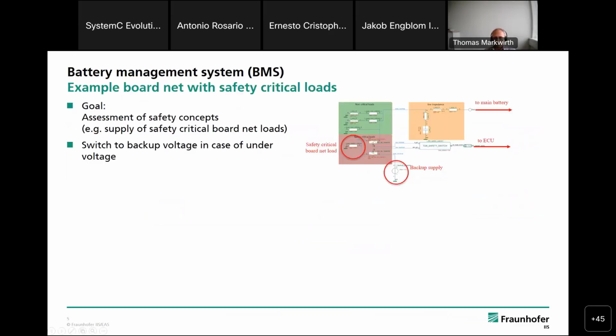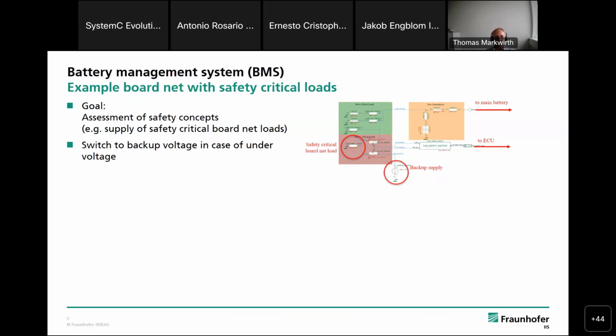In order to perform such an investigation, we first have to extend our system model. We create an example of a board net, which includes, besides non-safety critical loads like heating system, window lifter, lamps, and so on, also safety critical loads like airbag, ABS, and so on, and define a goal.